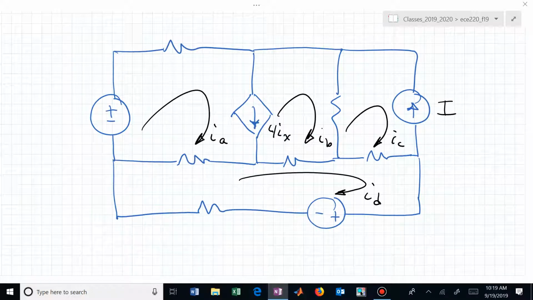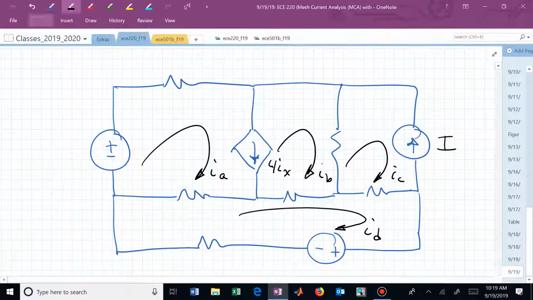We have a lot going on here, don't we? The comment from the audience just then was we have a super mesh. Does everybody see our super mesh? It's for mesh A and B. Super mesh is right here.